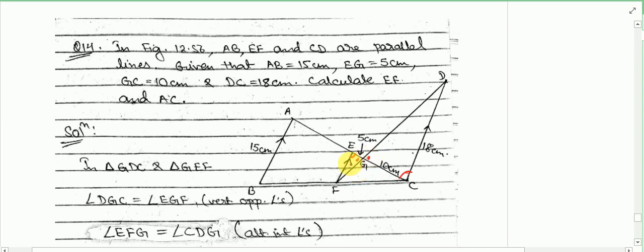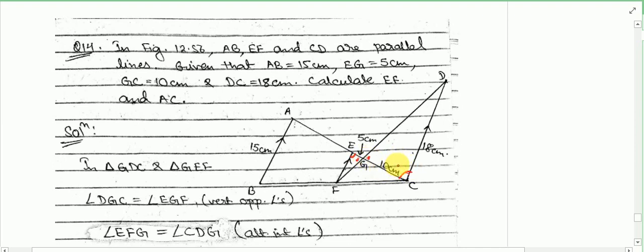So for triangles EFG and DCG, two angles are equal. If two angles are equal, the given triangles are going to be similar due to AA axiom.